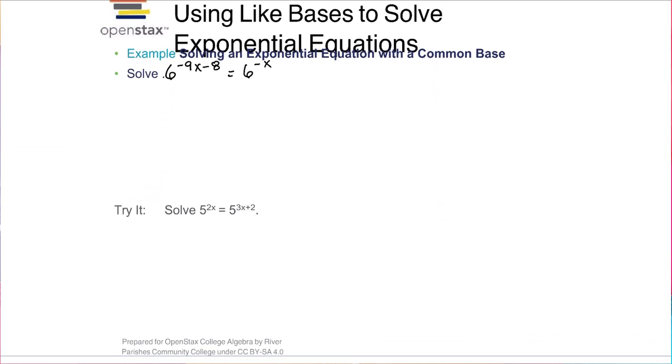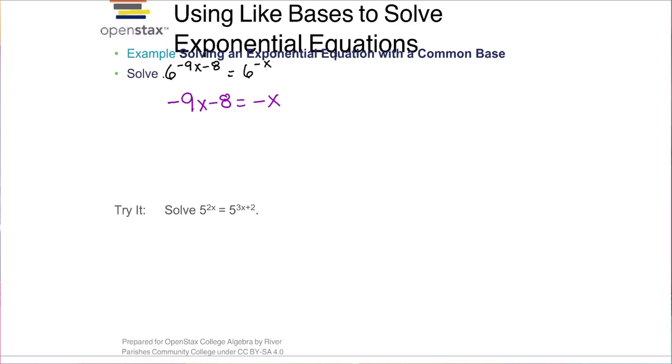All right, so let's look at this first equation. 6 to the negative 9x minus 8 equals 6 to the negative x. What they're saying here is that we have like bases on the left and the right. So if 6 and 6 are equal, then the exponent on the left has to equal the exponent on the right. We set the exponents equal to one another, because they have to equal one another or this statement is not true.